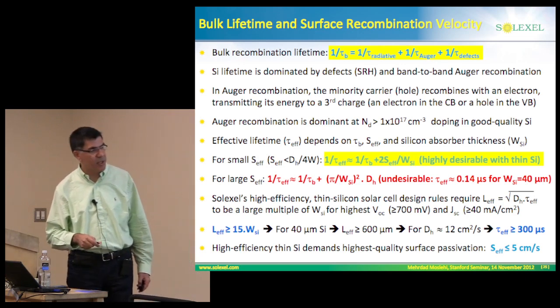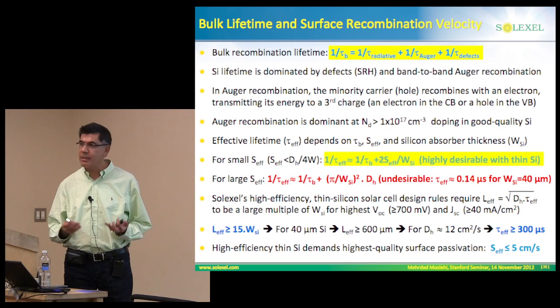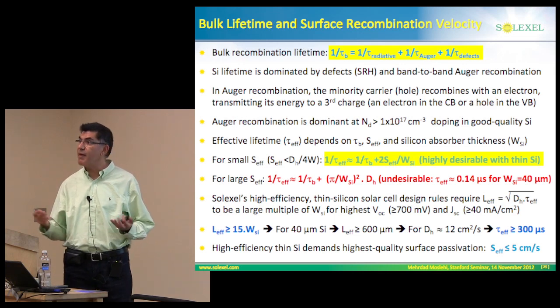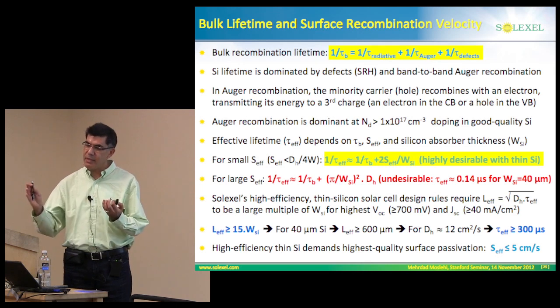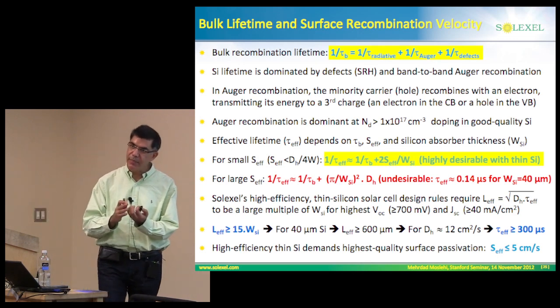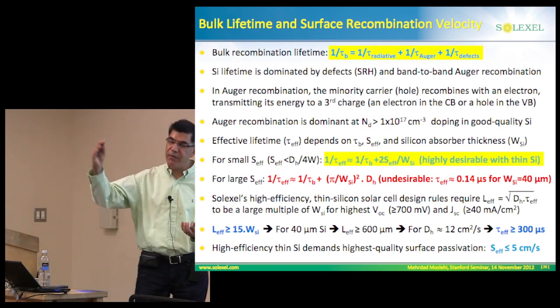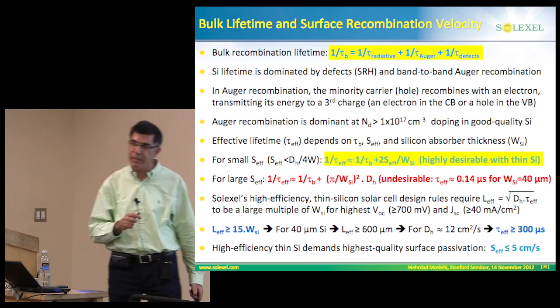So instead of a 300 microsecond lifetime, I would require maybe a 5 millisecond lifetime. That would be a very expensive wafer. So that's why thin silicon allows us to achieve very high efficiency, but with more practical material quality that we can achieve.